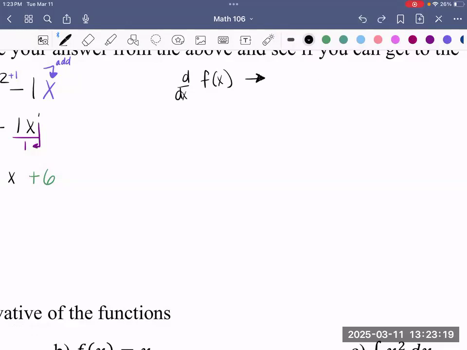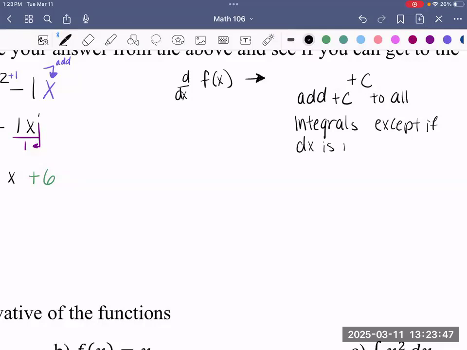Typically we want to add plus C to all integrals, except if dx is missing.